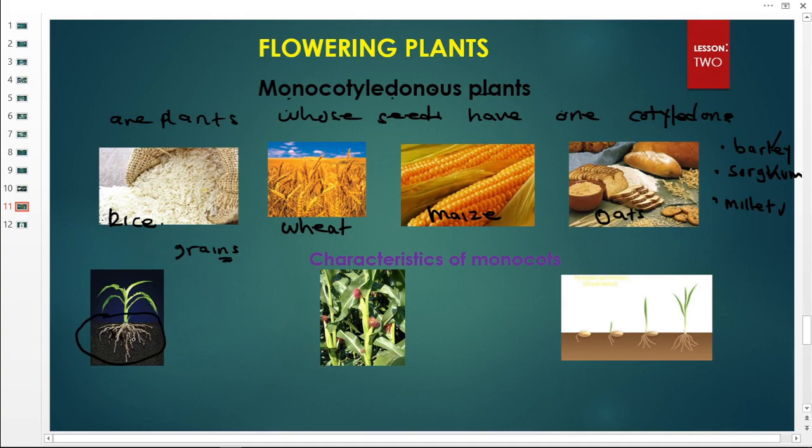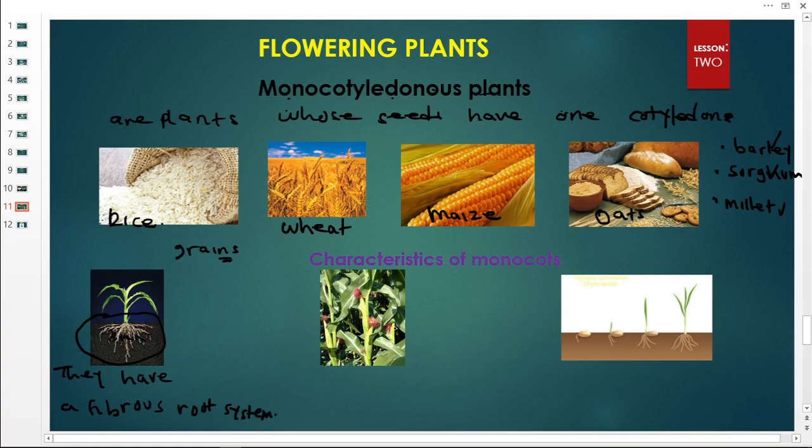When you look at this root system, it is making fibers, thread-like roots. So all the monocot plants have a fibrous root system.